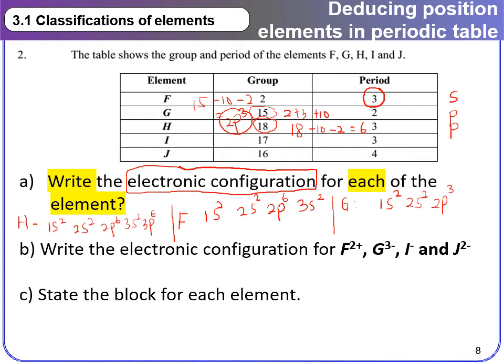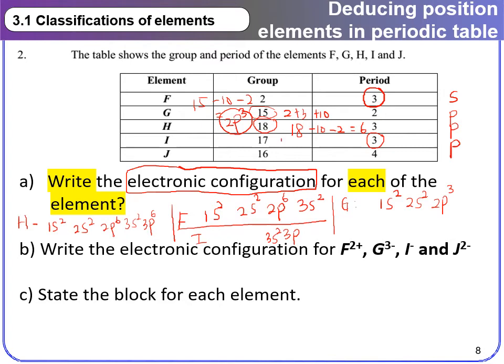Okay, good. Next, we continue with element I. Element I, group 17, means a p block element, in period 3. So element I also ends up with 3p. Before 3p is 3s2.